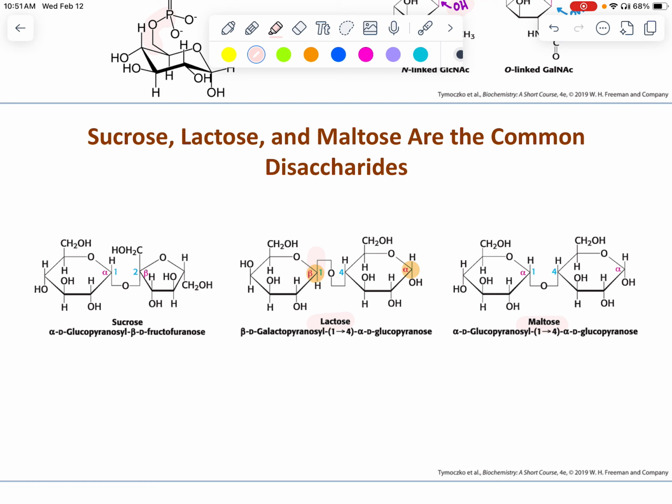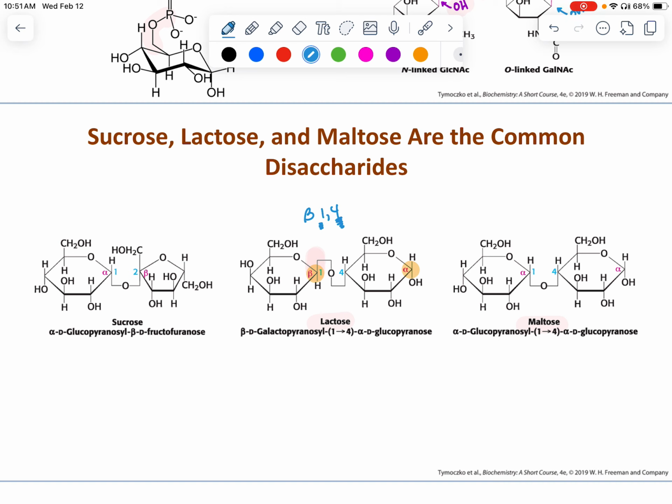I'm going to expect this to be a beta 1,4 linkage. So it's carbon number 1 on the first one to the left, carbon number 4 on the second one, and our anomeric carbon was in the beta form.